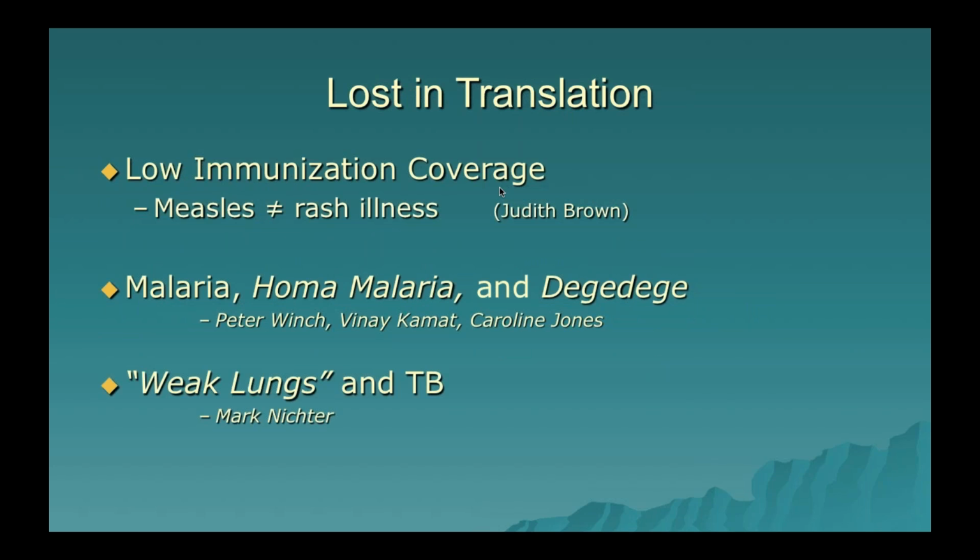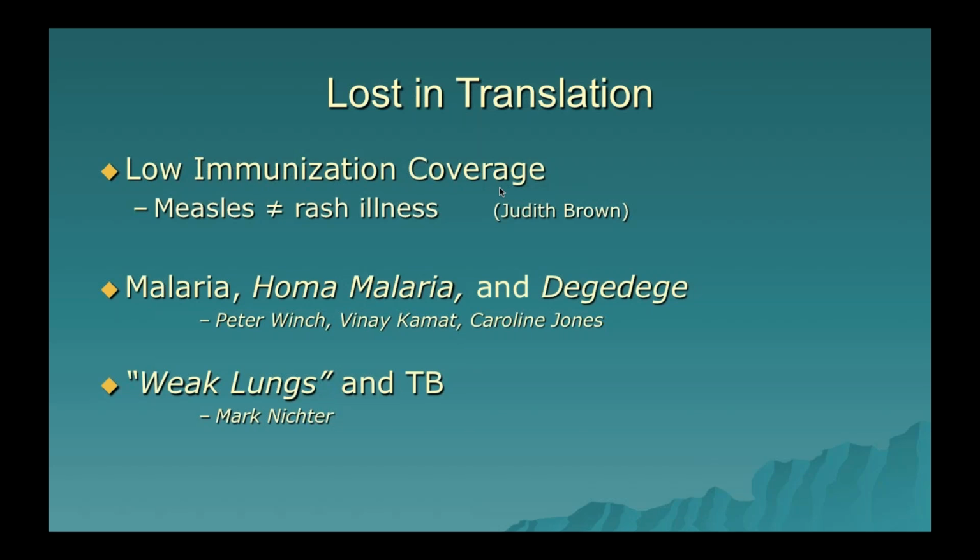Next slide. So there's also, in using anthropology within global health programs, some very interesting examples of miscommunication because something getting lost in translation. So Judith Brown did a study in Cameroon that showed that there was low immunization coverage when rumors started going around that this measles vaccine didn't work, but that was because they had been using a definition which translated as rash illnesses. We know that once rumors start, they're very hard to stop.